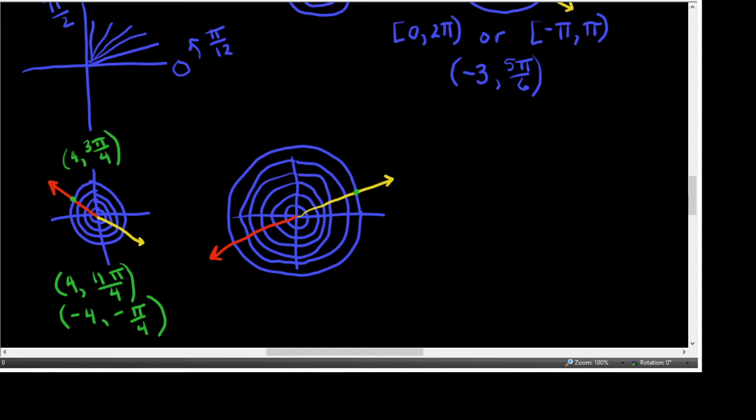So that green dot right there is a plotting of the point in polar coordinates, negative 6, comma, 7 pi over 6.